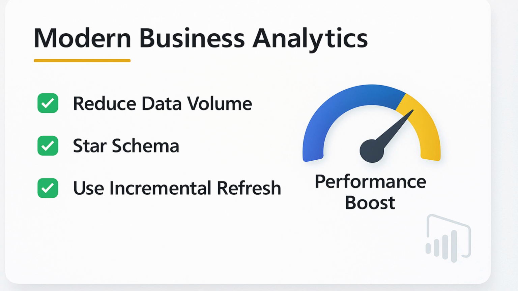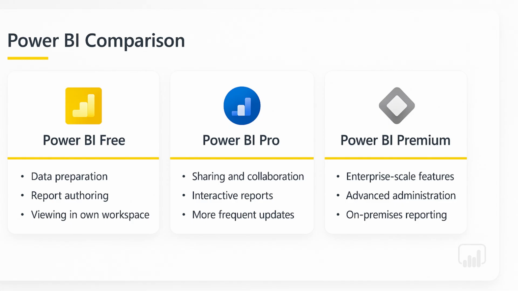reliable and efficient. The next topic is related to the licensing editions and the limits of Power BI. So Power BI offers multiple license levels. There are three of them. The first one is free, which is limited sharing and personal use only. The second one is Pro licensing, where we can do full sharing, collaboration and higher quotas.